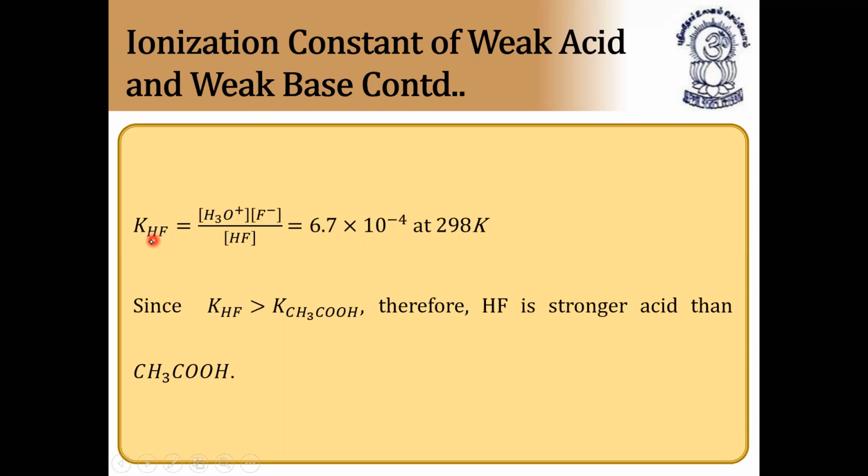So, for example, hydrogen fluoride: Ka is equal to H3O plus. How did we get this H3O plus? For example, I'll show you. HF, when dissociated in water, since HF is an acid, changes to H3O plus ions and F minus ions.